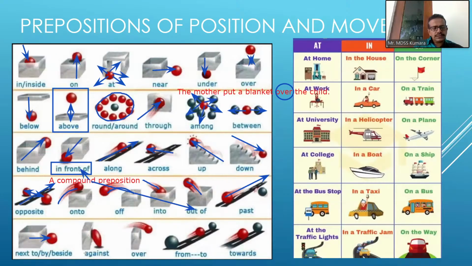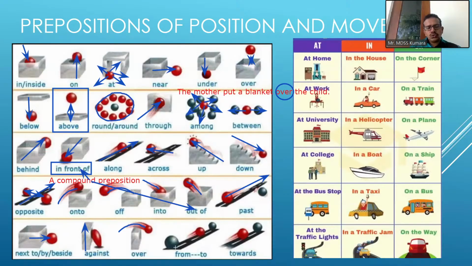This preposition is against. When there's something for support, we use the preposition against, as when we lean against a wall. And this movement is over.